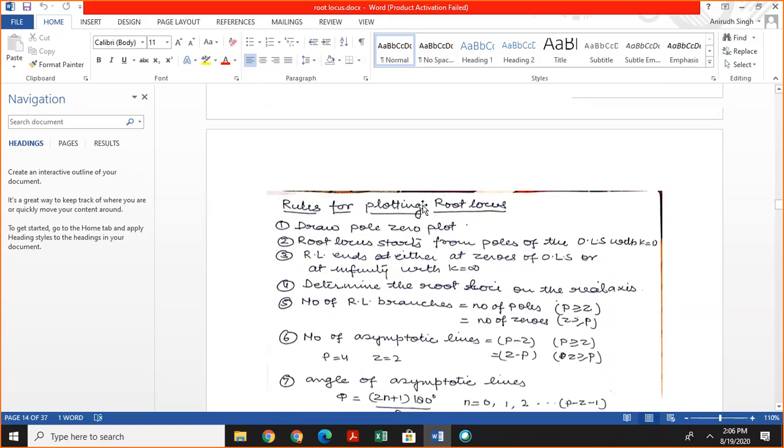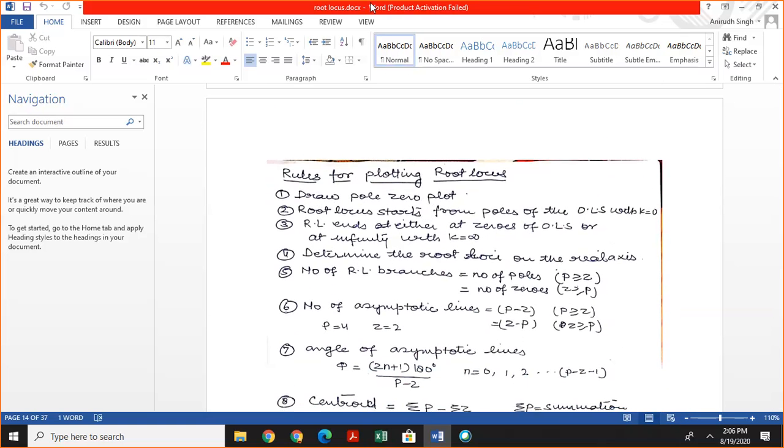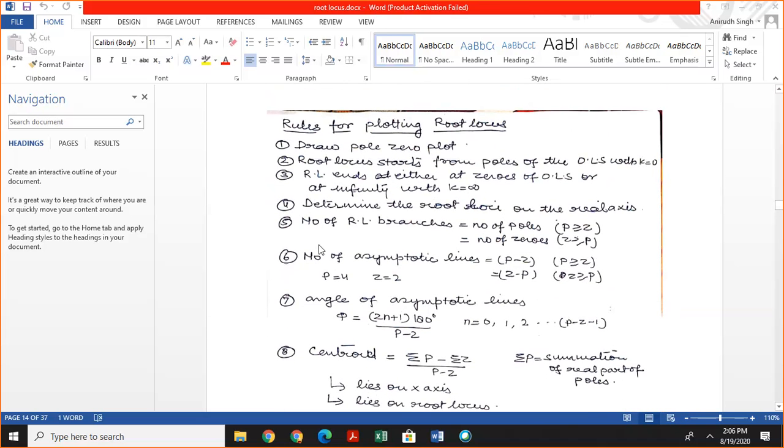The number of root locus branches is equal to the number of poles when the number of poles is greater than or equal to the number of zeros, and the number of root locus branches is equal to the number of zeros if the number of zeros is greater than or equal to the number of poles.